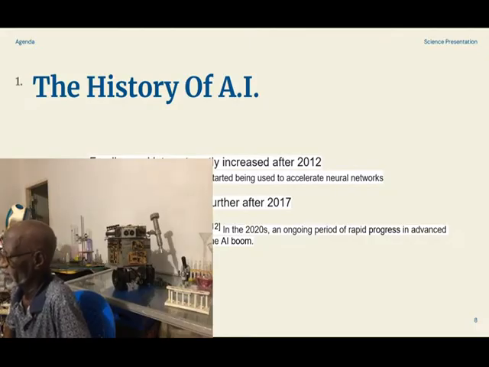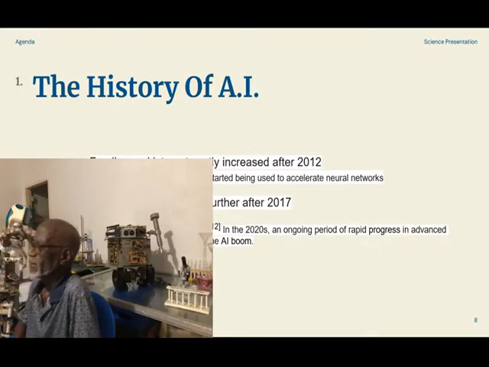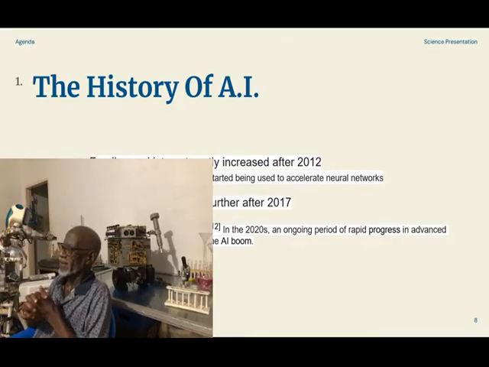AI started many years ago. Students were working on AI projects since, as far as I can remember, 1980. But there were lots of limitations.